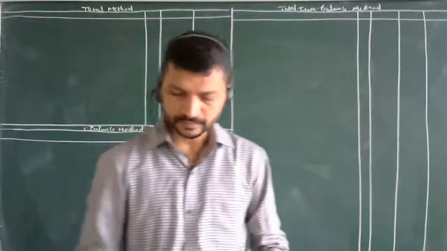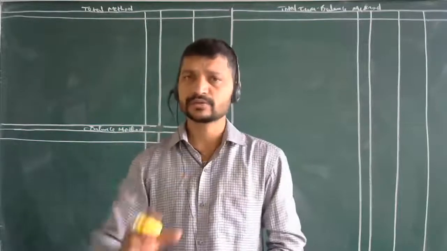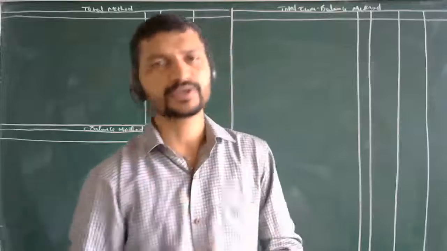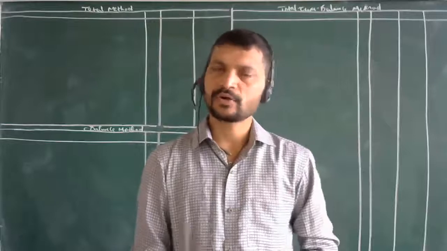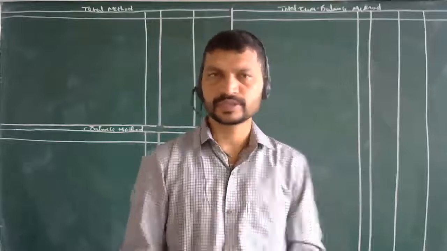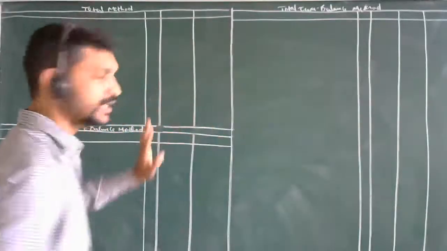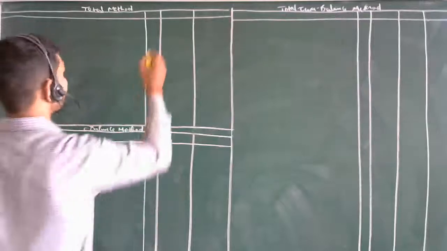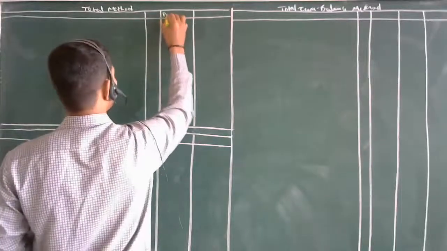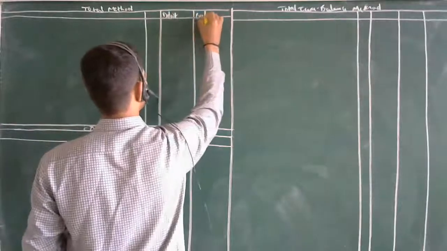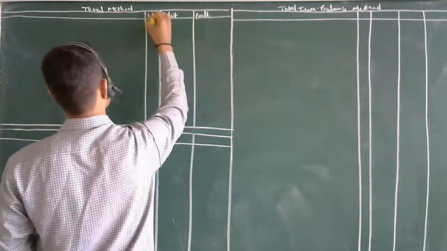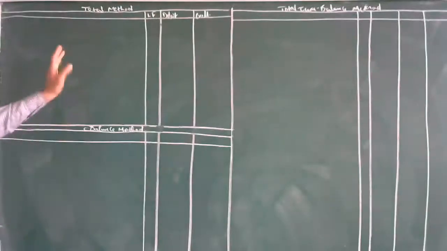You have to first identify the journal entries, then whether it comes under the heading of debtor or creditor. So this is debit first and credit, and ledger folio, and the first thing will be accounts.